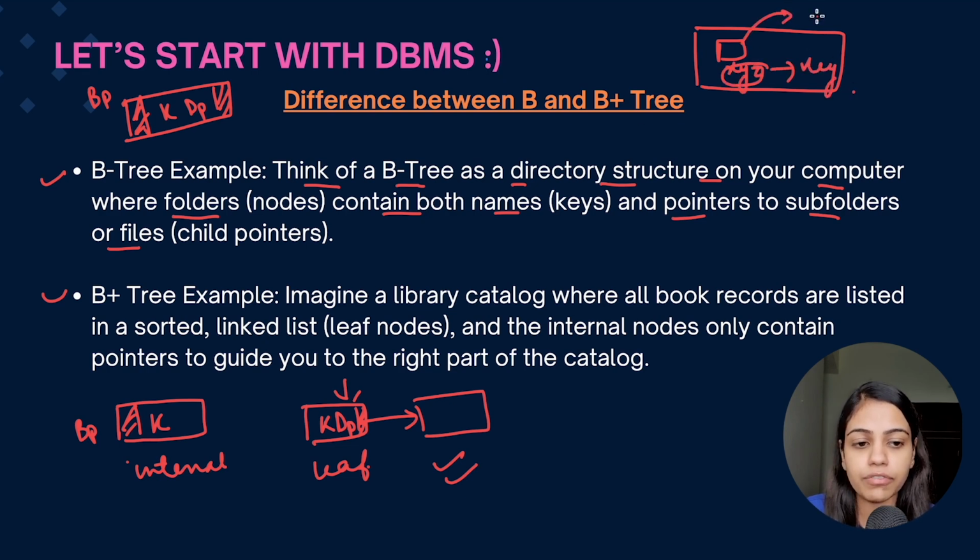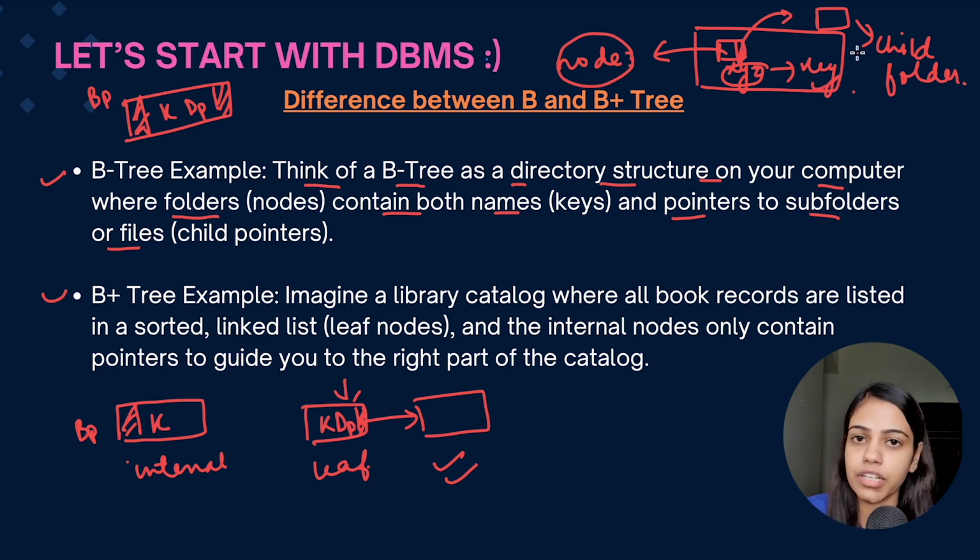Now in this folder, there would be one more folder, or you can say a child folder. This particular folder is considered to be a node. This node contains the key as well as the block pointer, or the pointer to the child which is present here. So it contains the keys and pointers to the subfolders or the child folders.